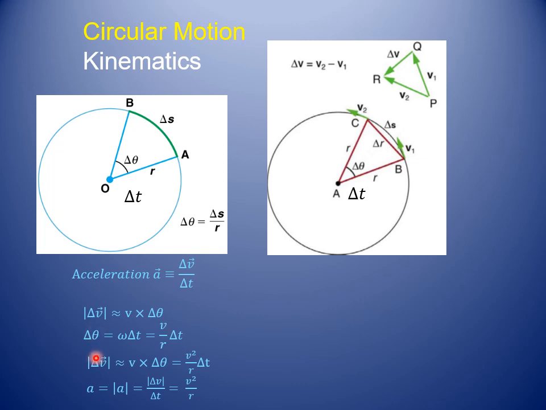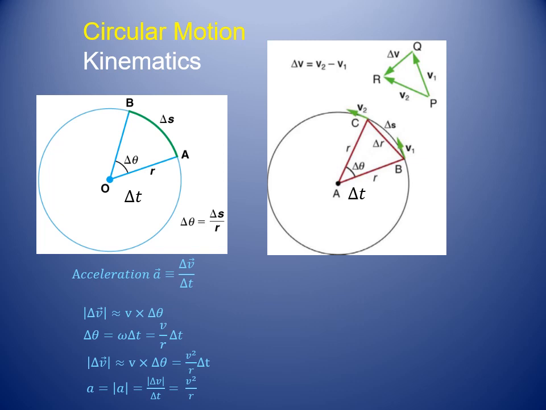The angle change is equal to omega times delta t, that's the angular velocity times delta t, which is v divided by r times delta t. Once we have this relation, we substitute it into the angle change, and we get delta v equals delta t times v squared divided by r.